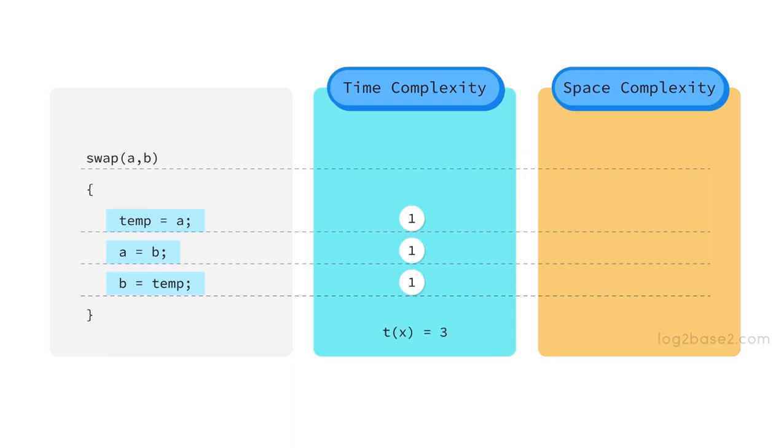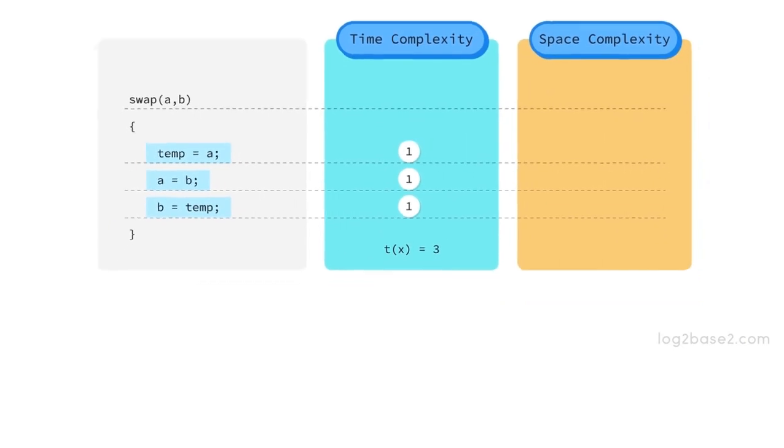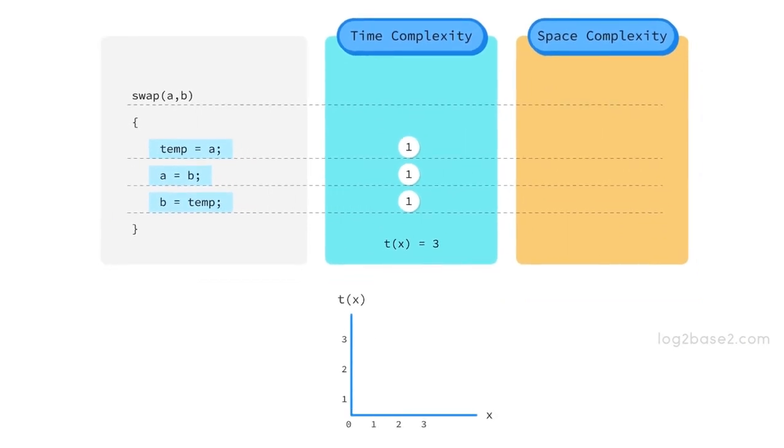Which means, whatever may be the value of x, the T(x) function will remain in some constant value. See this graph. For every value of x, the T(x) value remains constant. So we can call this algorithm a constant time algorithm. So the time complexity of the swapping algorithm is order of 1, which means the time complexity does not depend on the given input in this algorithm.